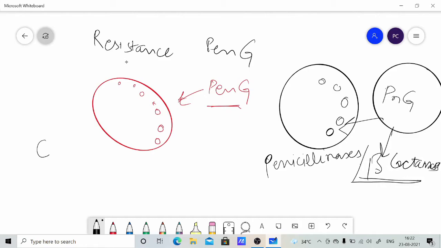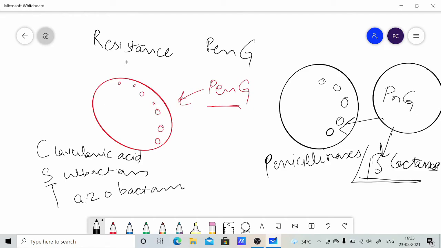We can remember by the mnemonic CST. C is clavulanic acid, sulbactam, tazobactam, but they are specific for specific drugs.